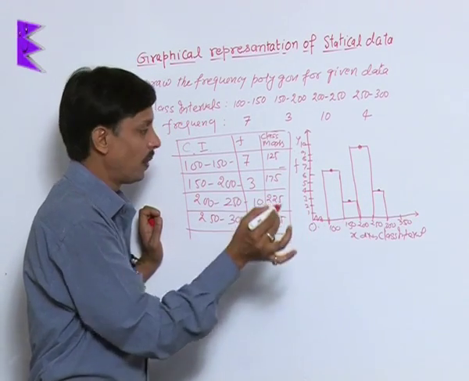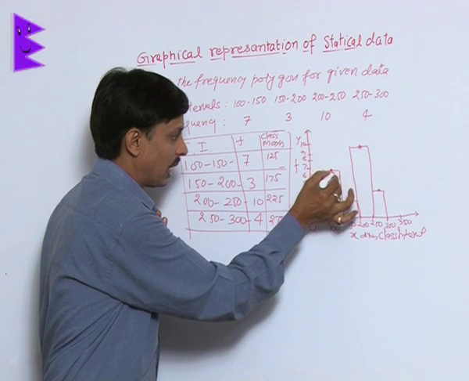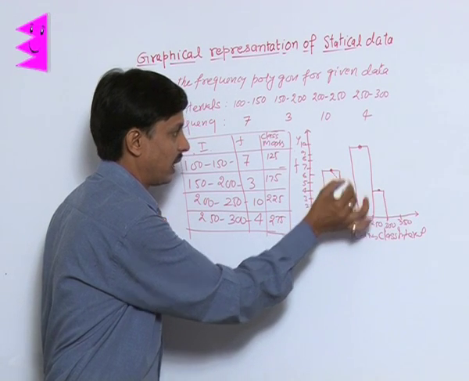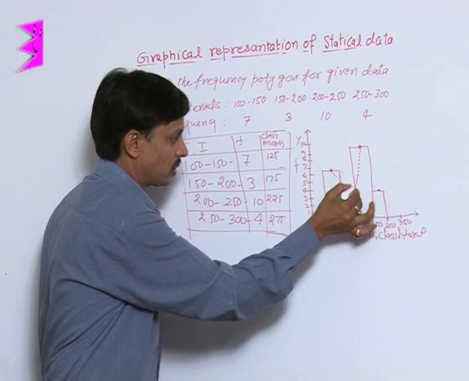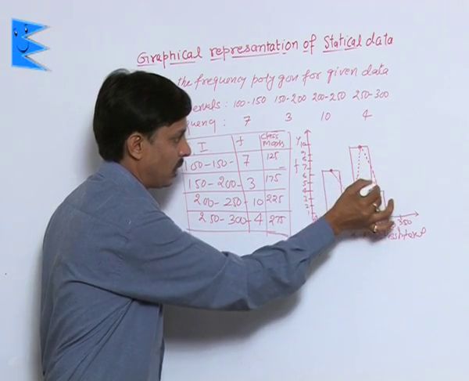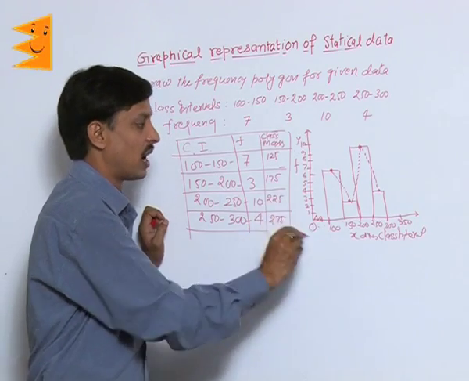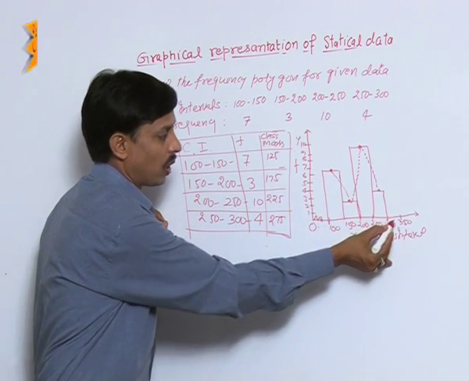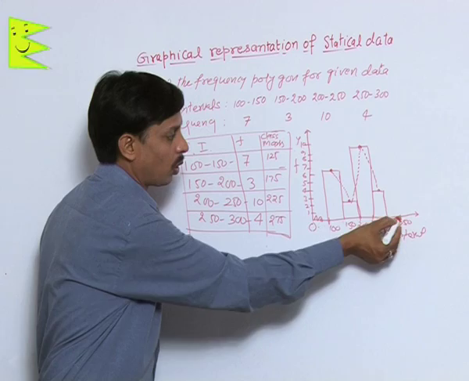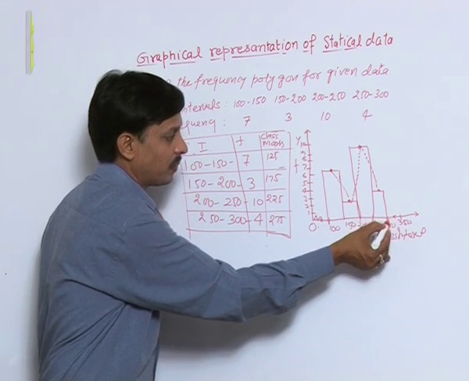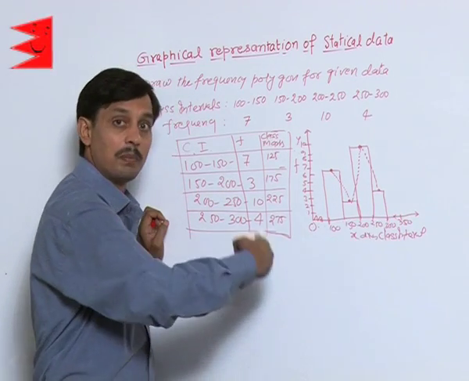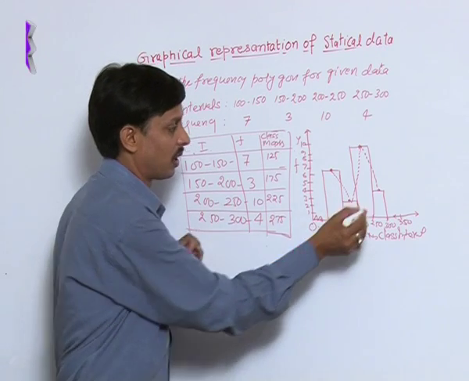With the help of a scale, we have to join these midpoints by straight lines, and then the polygon has to be closed and start from the x-axis. So I will close and terminate between 300 and 350 because I took one more interval.